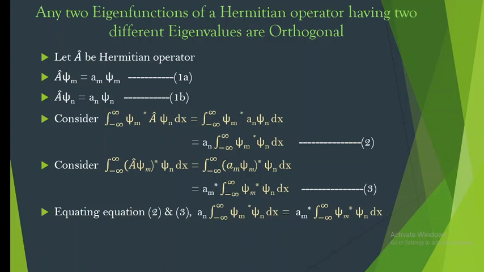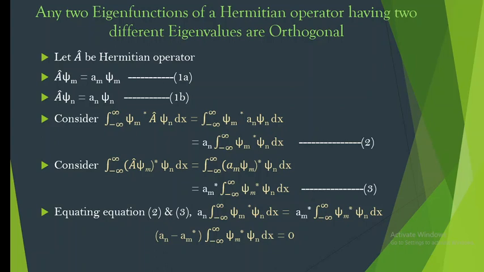That is an into the integration from minus infinity to plus infinity of ξm star into ξn dx equals am star into the integration from minus infinity to plus infinity of ξm star ξn dx. So now I am bringing all the terms to the LHS. The integration will be as it is, and we have a term that is an minus am star.